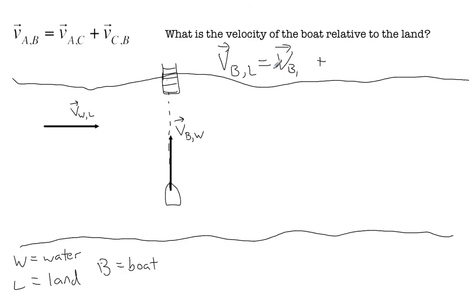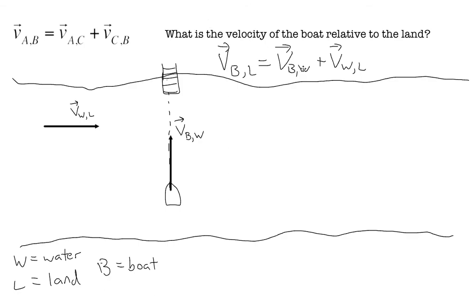This is still land, but this is water. And then I need water as the first term here, and the last term being the land. So the velocity of the boat relative to the water plus the velocity of the water relative to the land should tell me the velocity of the boat relative to the land, and it'll show me where the boat lands along the shore.